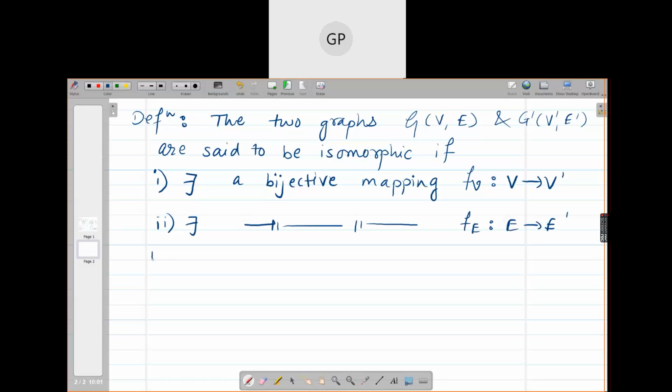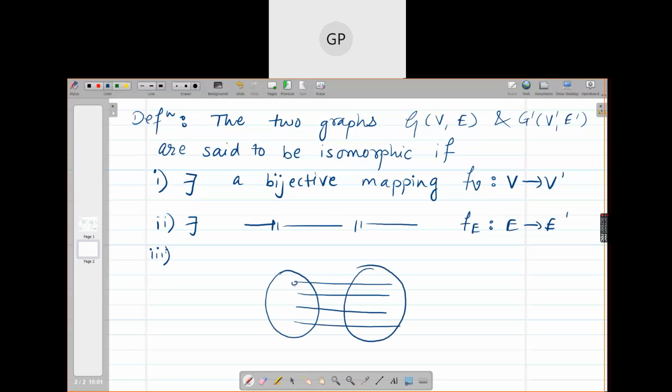Each element of one set is paired with one element of the other set. This is bijective, 1-1 and onto. Bijective means 1-1 and onto, injective and surjective both.